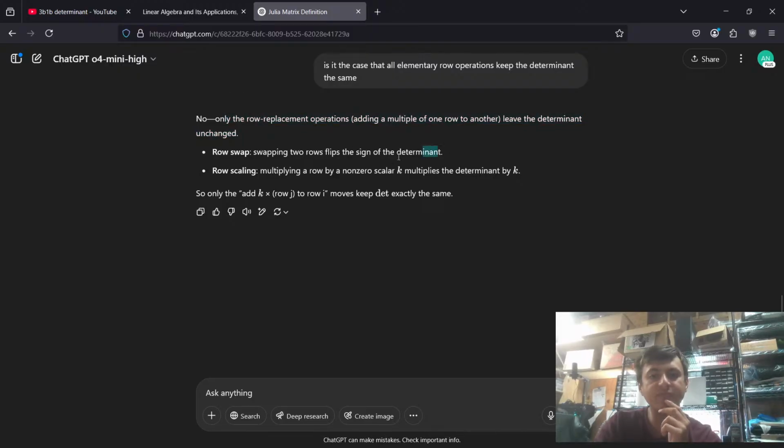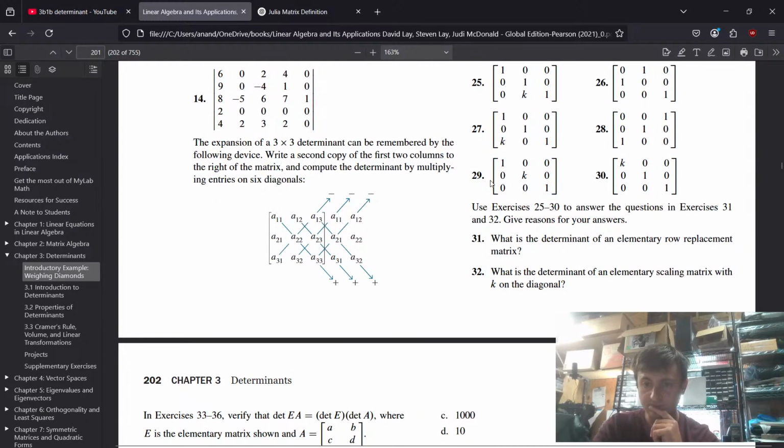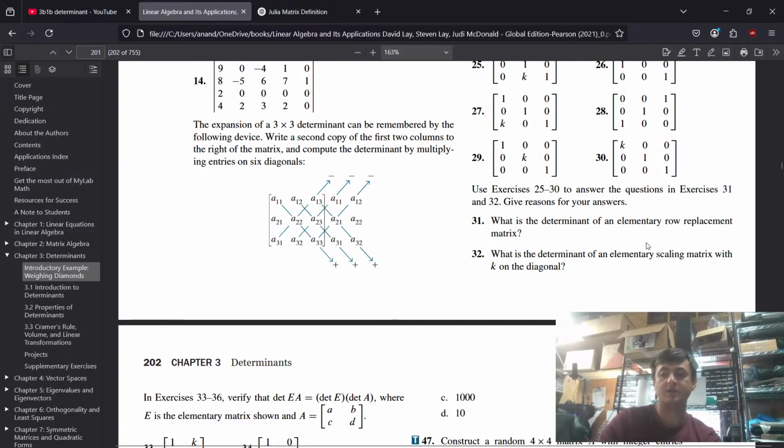A row swap flips the sign of the determinant, and row scaling... Okay, all right. So the determinant of a row replacement. So for 31, row replacement preserves determinant. For 32, though, what is an elementary scaling matrix?